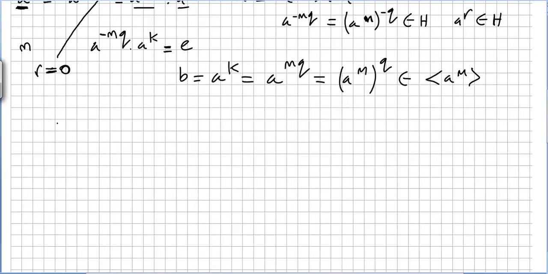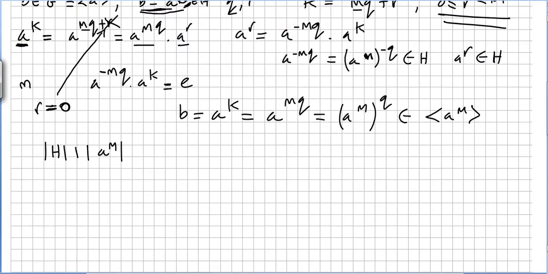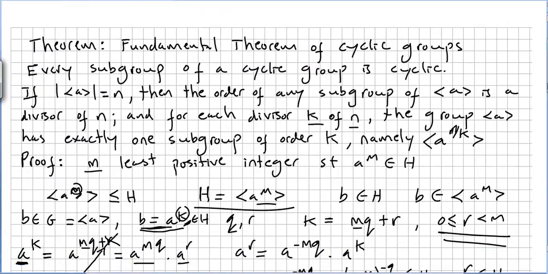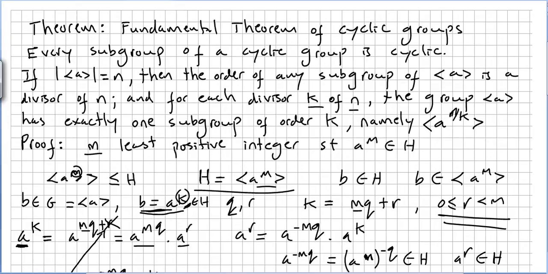So now I want to prove that the order of H is a divisor of the order of a to the power of m, right? Every subgroup of a cyclic group is cyclic, proved.